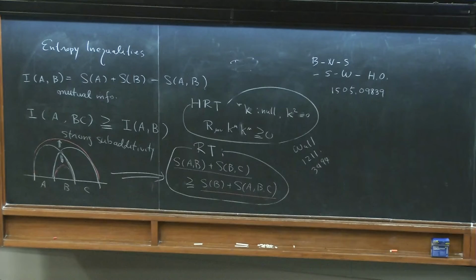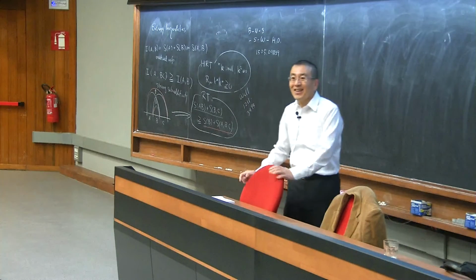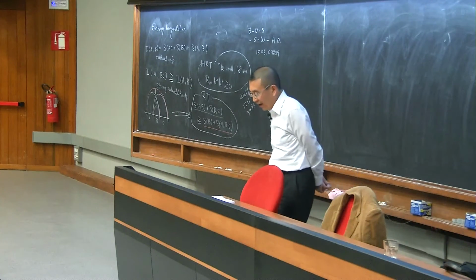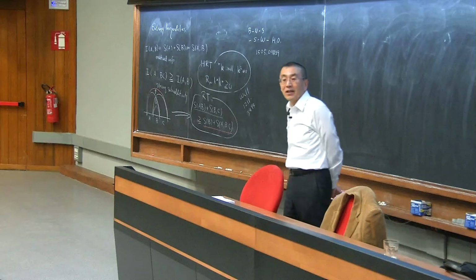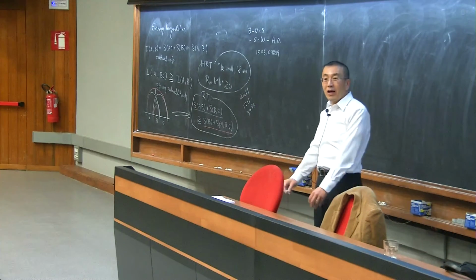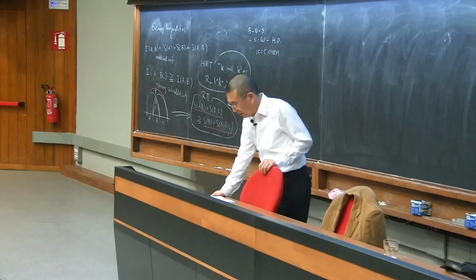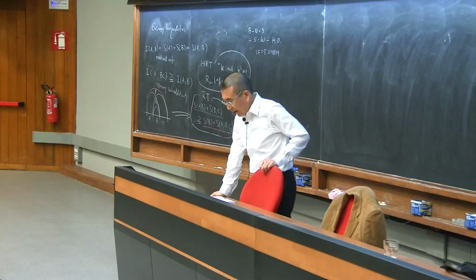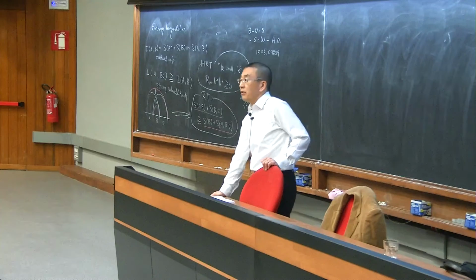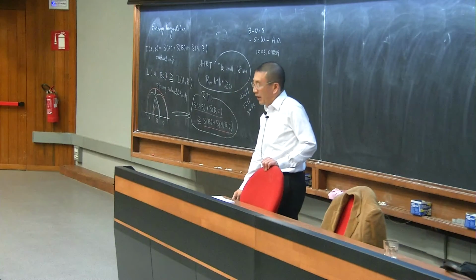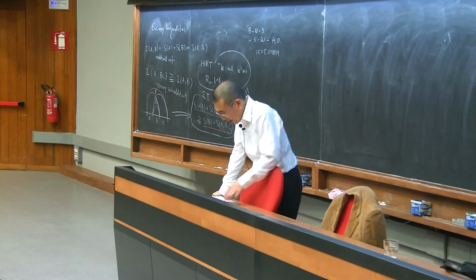The independent entropy inequalities are finite, and can be classified by a finite algorithm for every given number of domains. And we were able to actually classify entropy inequalities for a small number of regions explicitly, and enumerate them.